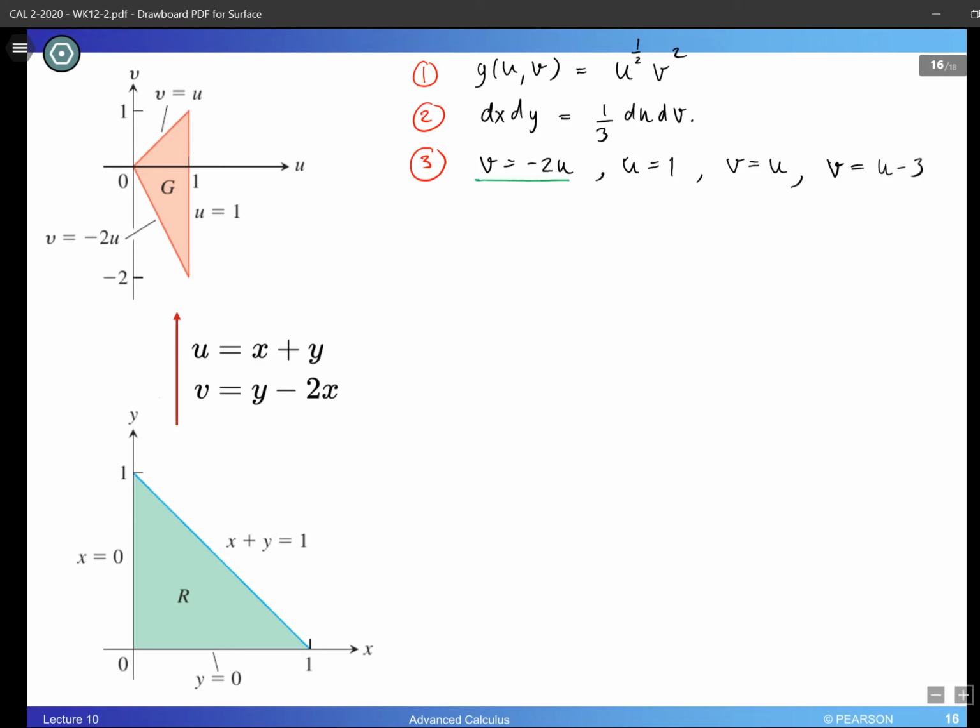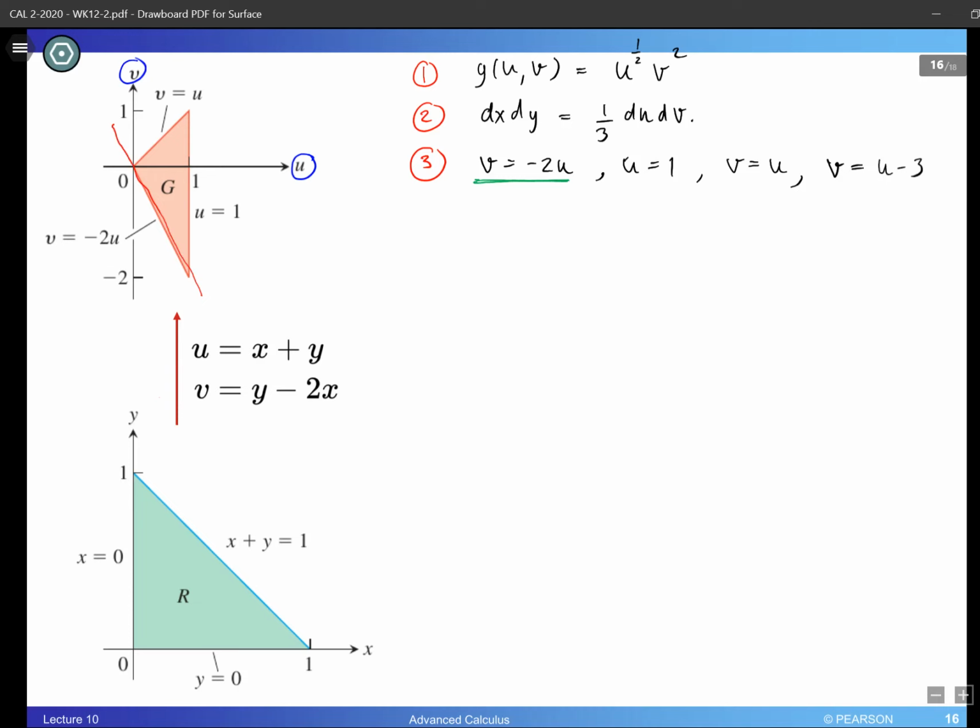As you can see here, u is going to be on the horizontal axis and v on the vertical axis. And now we are going to plot this, v equal to minus 2u. As you can see here, this is equivalent to y equal to minus 2x. So it's going to be a straight line with a slope of minus 2, and it's going to correspond to this line right here. A straight line with a slope of minus 2.